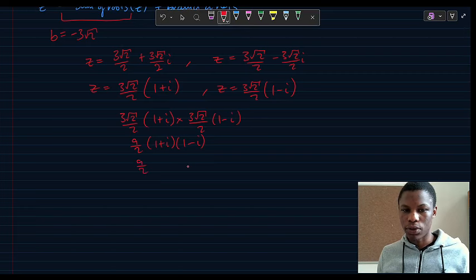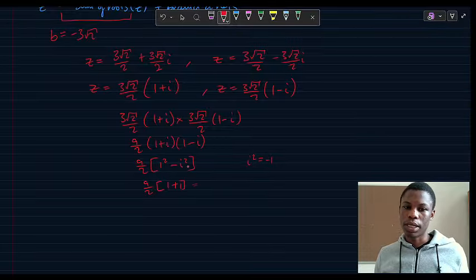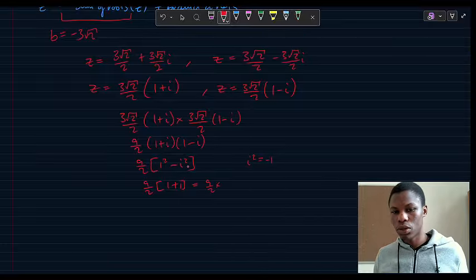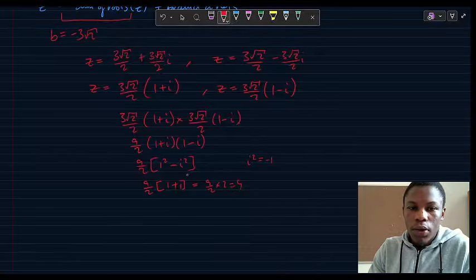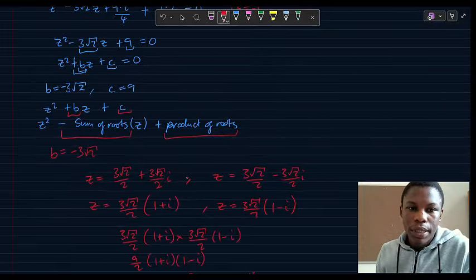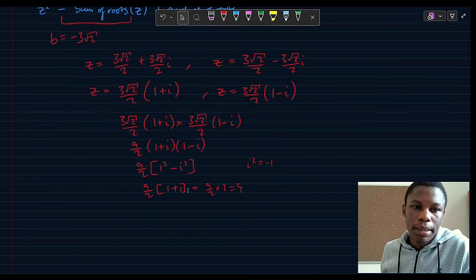So I've got 9 over 2, then 1 squared minus i squared. Remember, i squared is negative 1. So I've got 9 over 2, 1 minus minus 1, so 1 plus 1, which is 2. So you end up with 9 over 2 times 2, which is 9, which is the same answer that we got for our c. So this is another way of doing this.